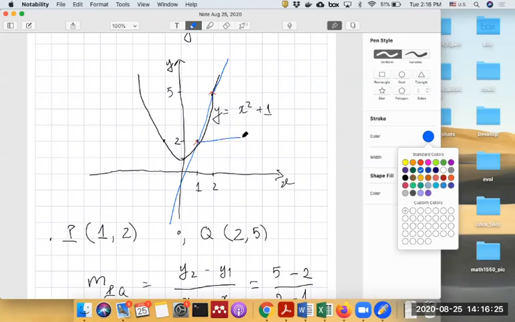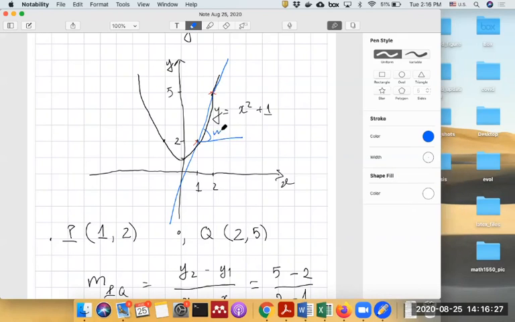Okay. Let us put it here. The slope here, like this, right? M of PQ.